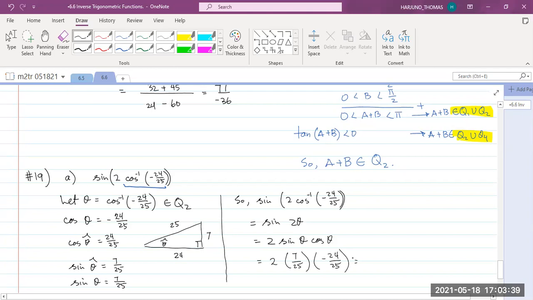That's 2 times 7 times 24, and that's negative. What is 14 times 24? 336 over 625.